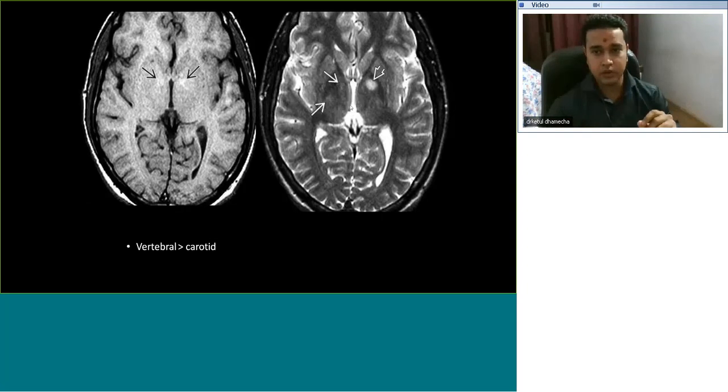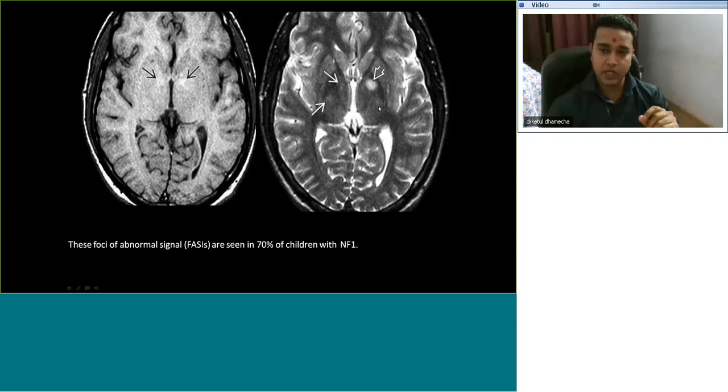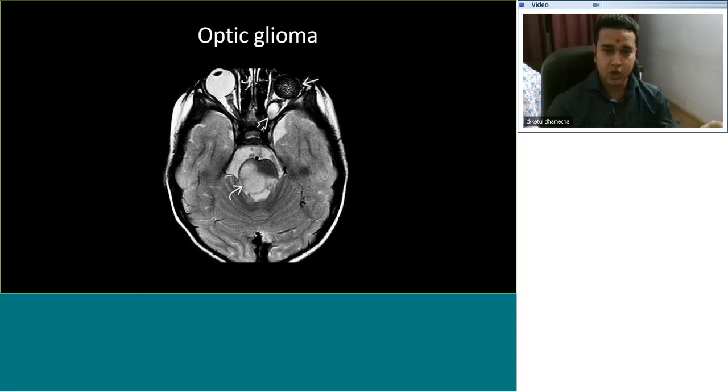Here on T2-weighted images, you can see very small foci of signal intensity. This is classical, known as FASI in NF1. Most commonly they are found in children. This needs to be followed up. Optic nerve glioma as well as pontine glioma you can see in NF1.